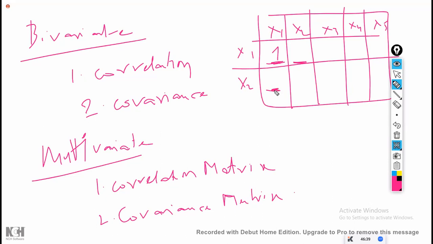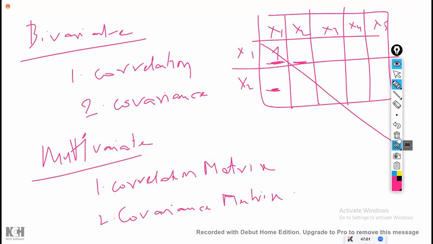So that is the reason in the correlation matrix or covariance matrix, the upper triangle matrix and lower triangle matrix will be the same, because this is the correlation between x1 versus x2 and this is the correlation between x2 and x1.